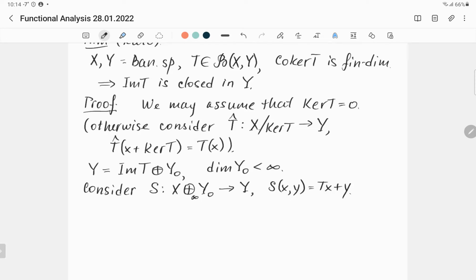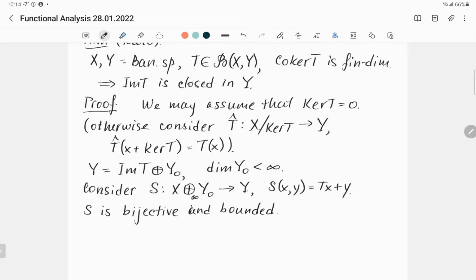Well, since the kernel of T is trivial, it's immediate from the construction that S is bijective. S is bijective, and S is obviously bounded, for the simple reason that T is bounded.